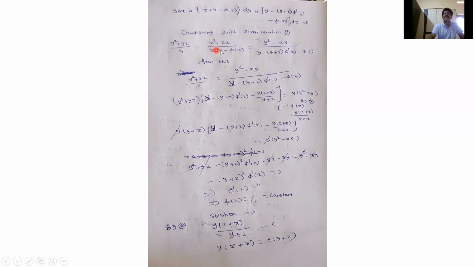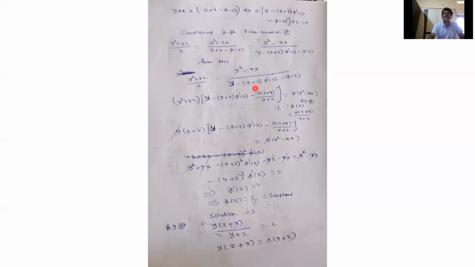In the given equation the dy coefficient is z square plus zx, here the dy coefficient is z plus x minus phi z. In the given equation the dz coefficient is y square minus xy, here it is y minus (y plus z) phi dash z minus phi z. So from this, taking the first and last term, we'll get (y square plus yz) by y equal to (y square minus xy) by y minus (y plus z) phi dash z minus phi.